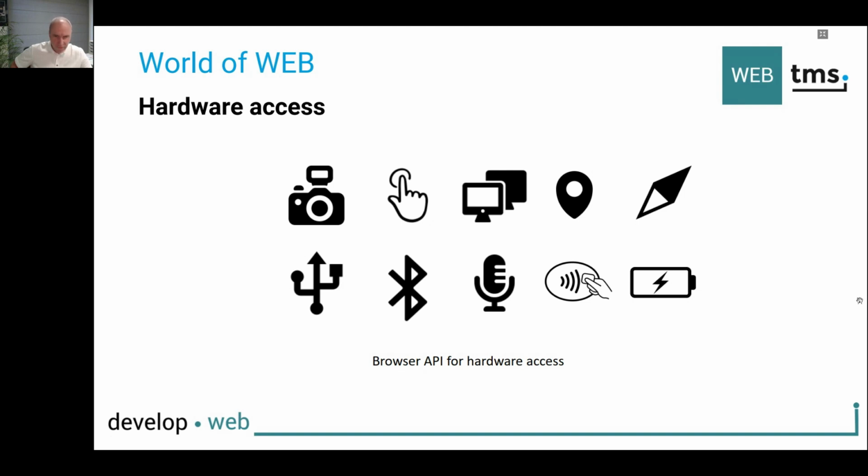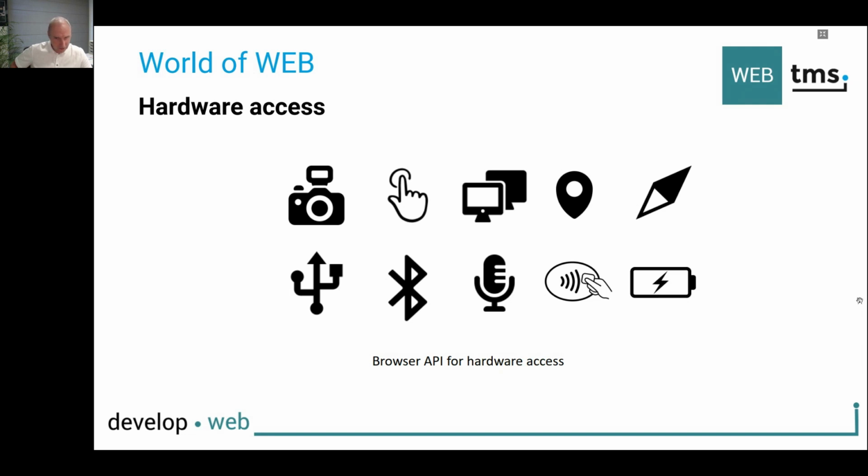Also there, Safari is unfortunately a little bit behind, but Bluetooth access, and actually if everything works out well, you will see that live here during this webinar, we will use Bluetooth from a web application. And then the microphone is obviously also usable from a web application.